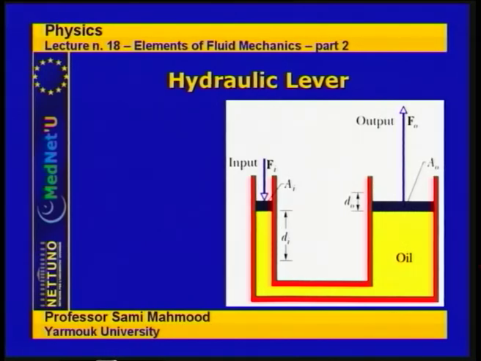And the area of the piston covering the cylinder at the other wider end is A sub O, O standing for output. This is where we need the output work to be accomplished, where we put the car or the heavy object to lift.